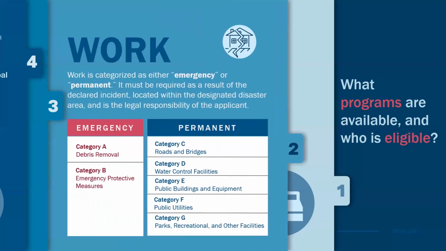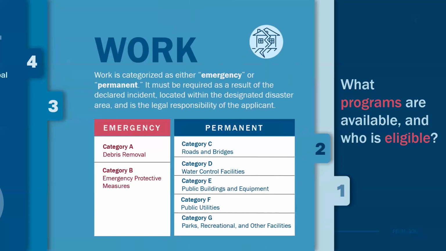There are two types of work: emergency work and permanent work. FEMA breaks down eligible types of work into 7 categories. For emergency work that must be completed within 6 months, Category A refers to debris removal, and Category B refers to emergency protective measures.